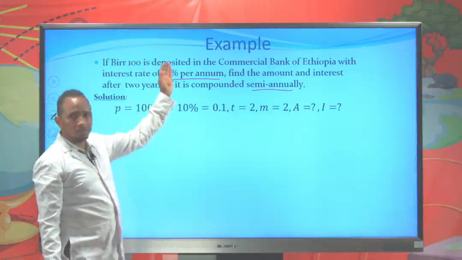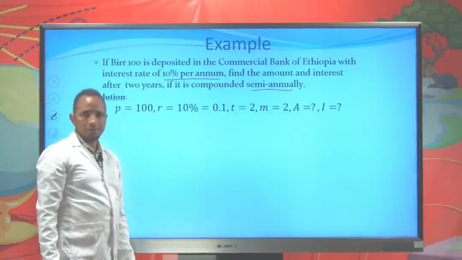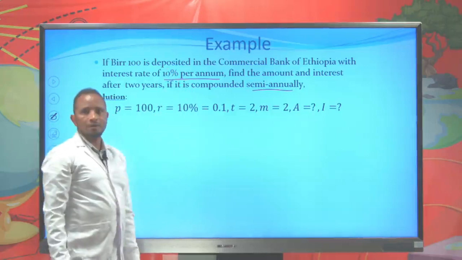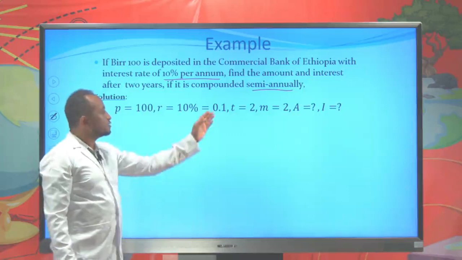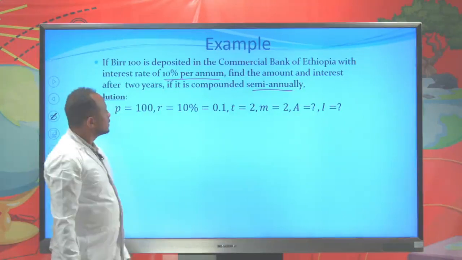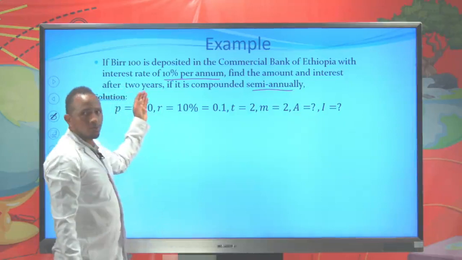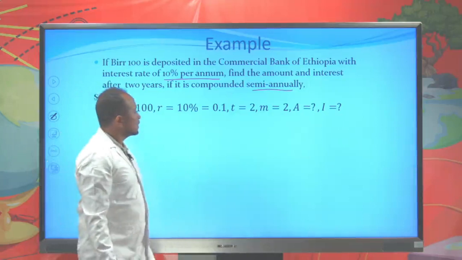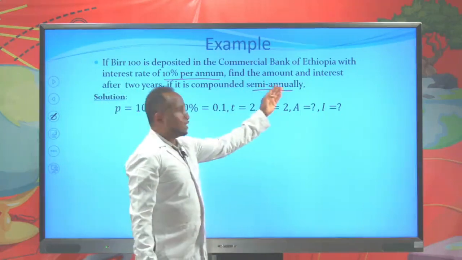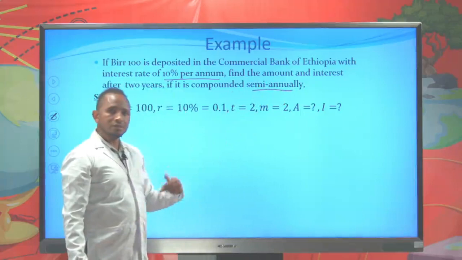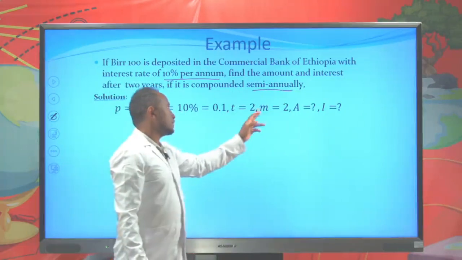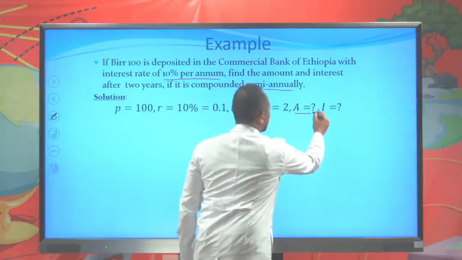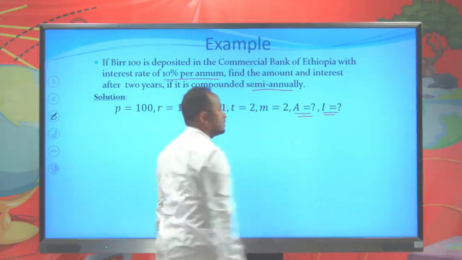The principal is given, it is 100, and the interest rate is given, it is 10% per year. 10% means it is 0.1, and T is also given, the money is deposited for 2 years, so T is 2 years, and it is compounded semi-annually, which is twice in a year, so the conversion period M is 2, and here we are asked to find the amount and the interest.